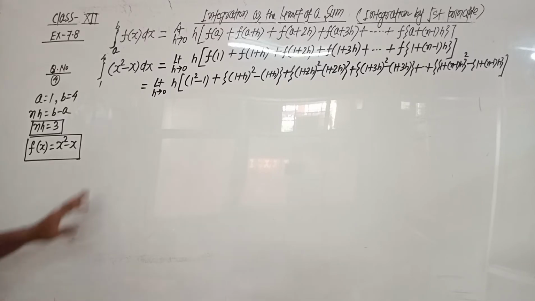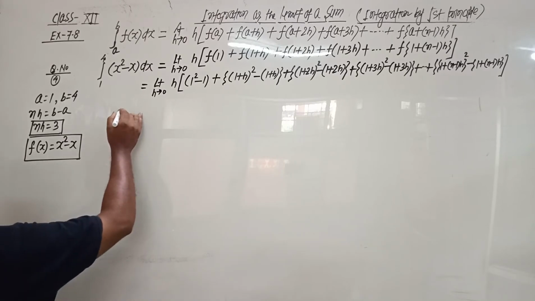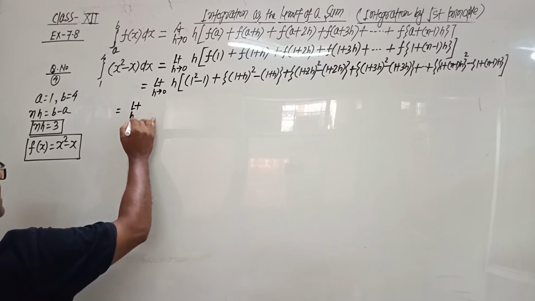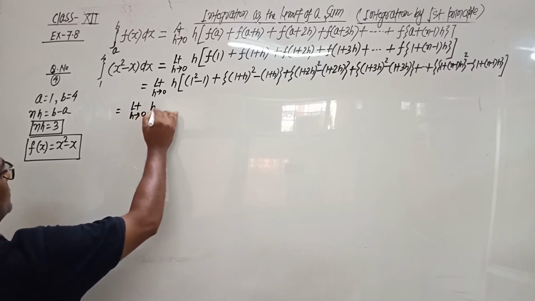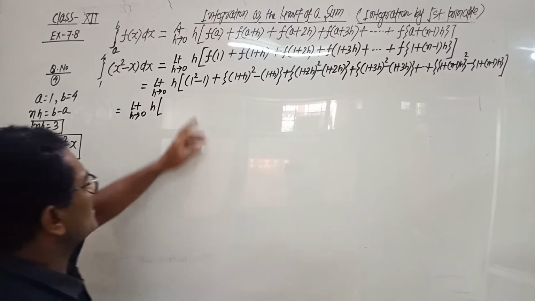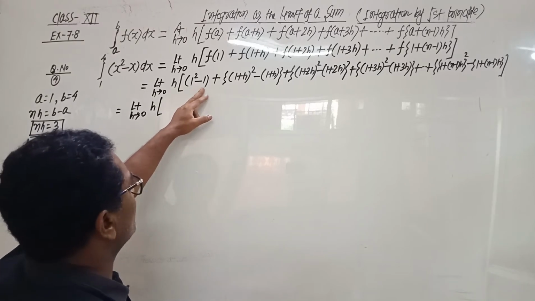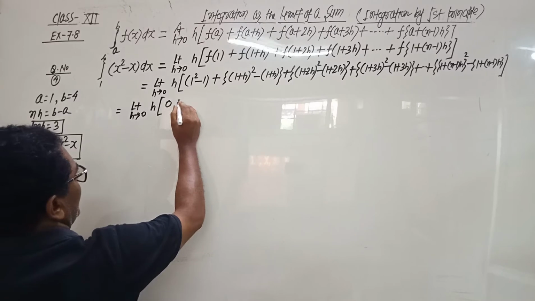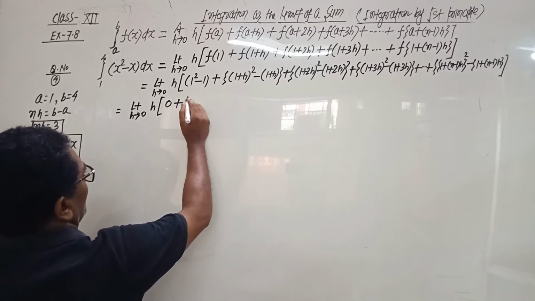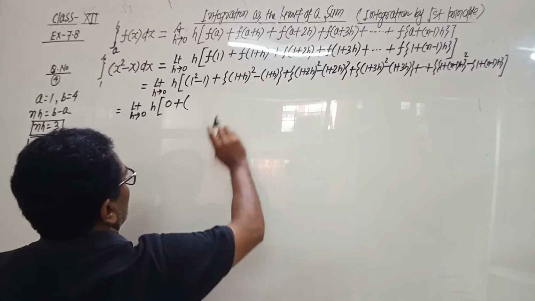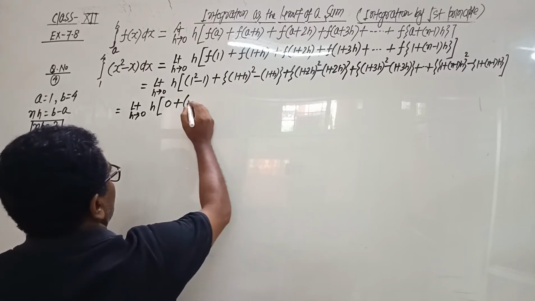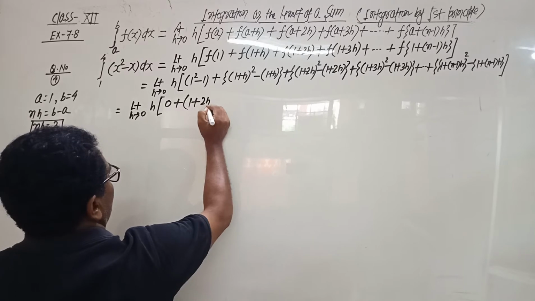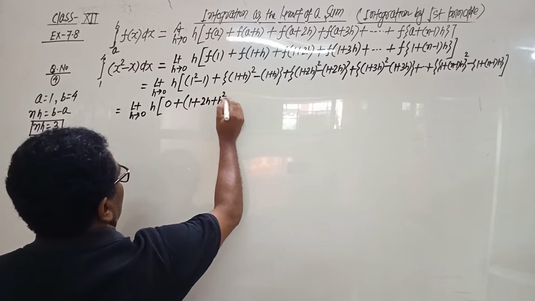So now expand using the formula (a plus b) whole square. Limit h tends to 0, h times [1 square minus 1 is 0. So from the first bracket we get the value 0. And this would be expanded on the formula a square plus 2ab plus b square.